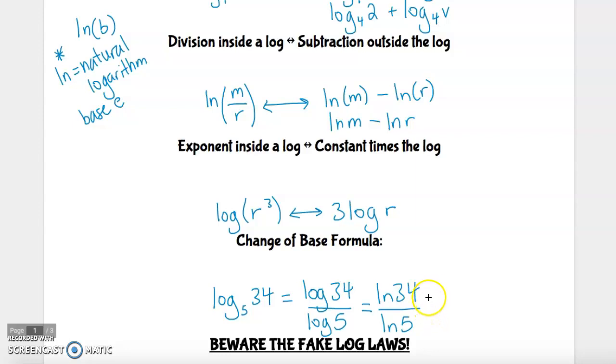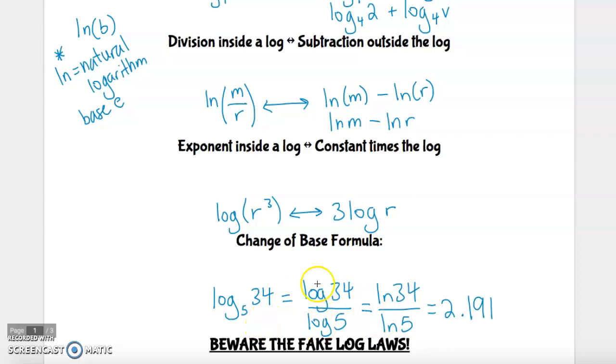So if you look at your 4, right next to it is natural log, or if you want to use common log, that's right next to your 7 button. So if I type into my calculator natural log of, open parentheses, 34, close parentheses, divided by natural log of 5, I would end up with 2.191. And so I've accurately calculated the log base 5 of 34.